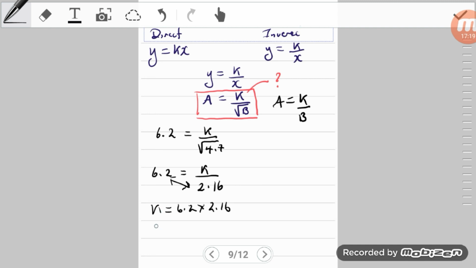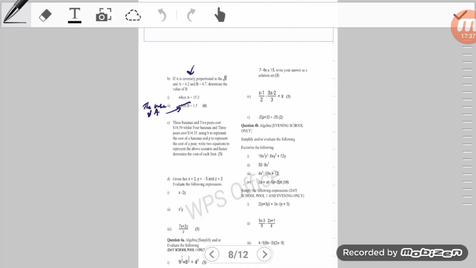All right. Now that we have the constant of variation, that's the key to proceeding to finding out what else they ask us for. Now here they're saying that we should determine the value of B. Now we are in search of B, but this time it is when A is 15.3.